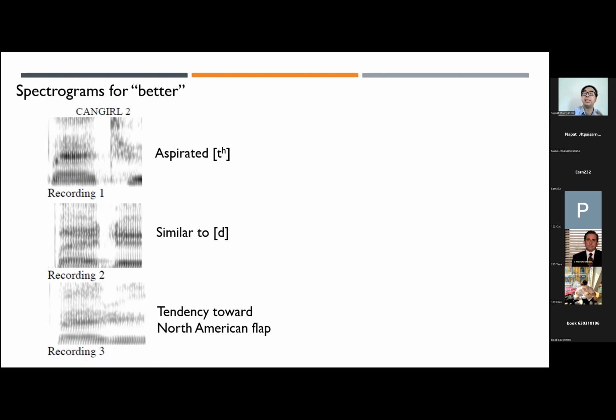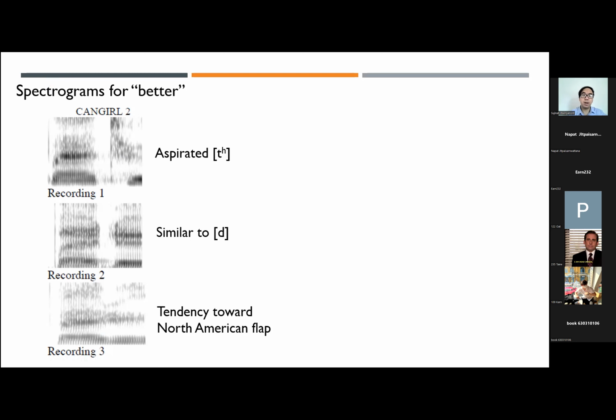If you just listen to the sound, you just think, oh, this is good, or this is a bad pronunciation. But with a recording of the sound, if you visualize it in terms of a sound spectrogram, you have an X-ray of your pronunciation.